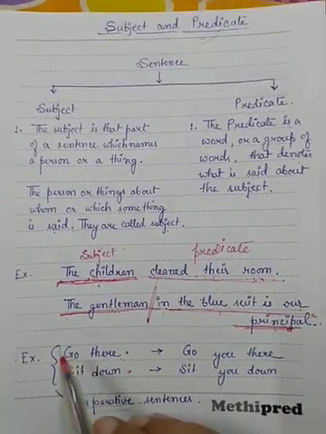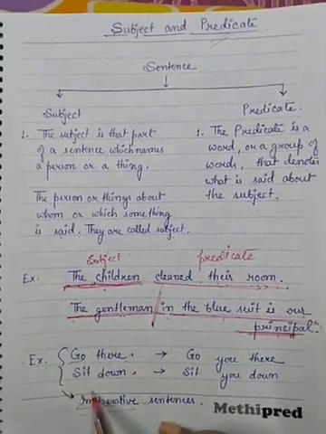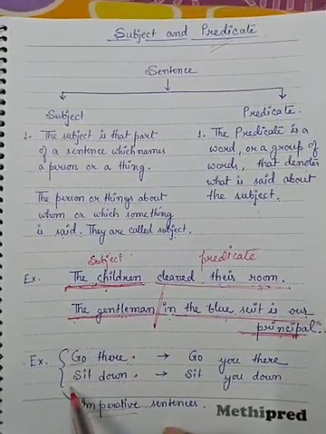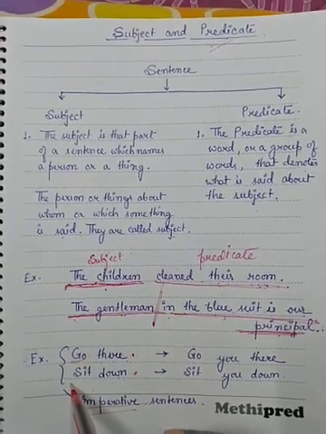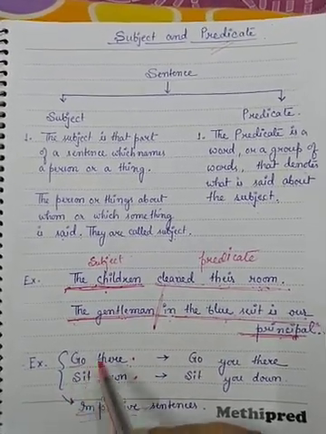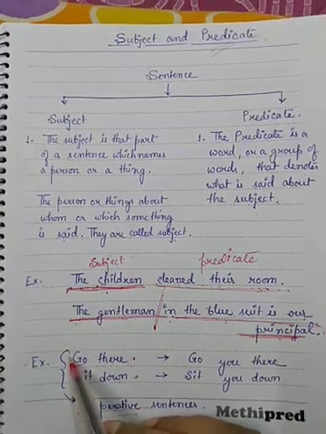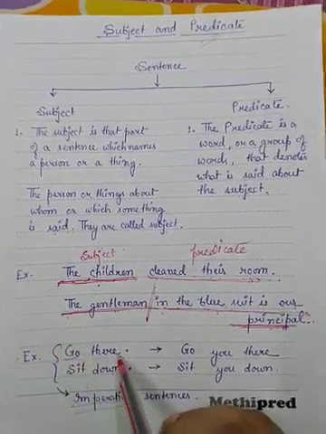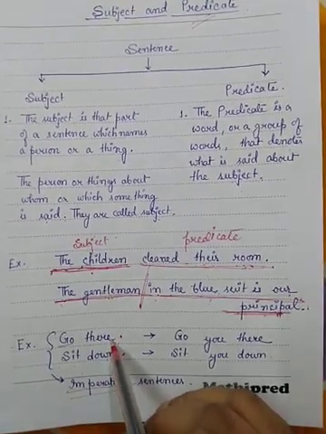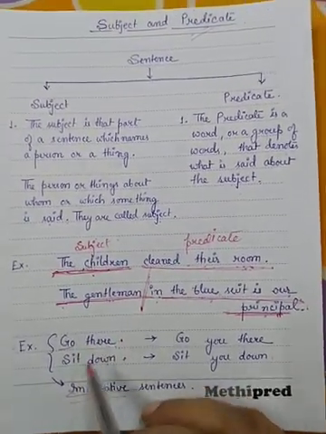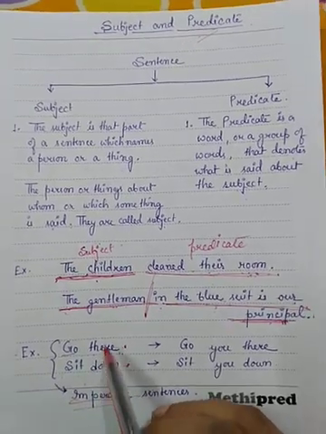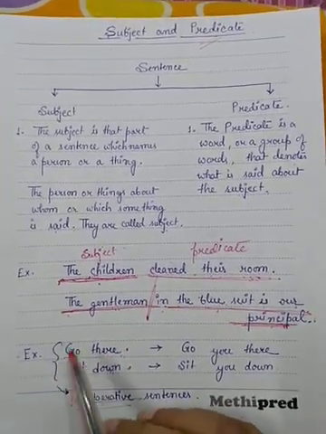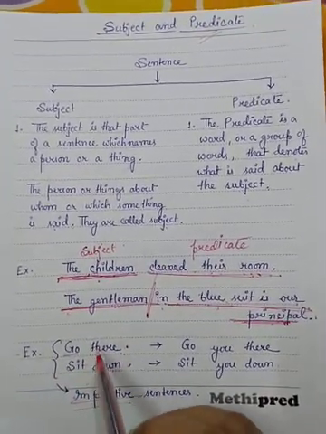You will ask me, ma'am, where is the subject? You can't see any naming word at the beginning of these two sentences. You are saying someone, but the name of that particular person is not mentioned in these two sentences. So whom will we call the subject and whom will we call the predicate in this sentence?